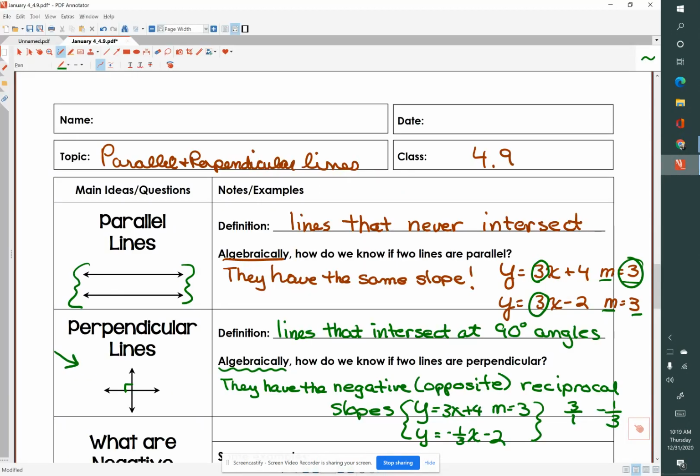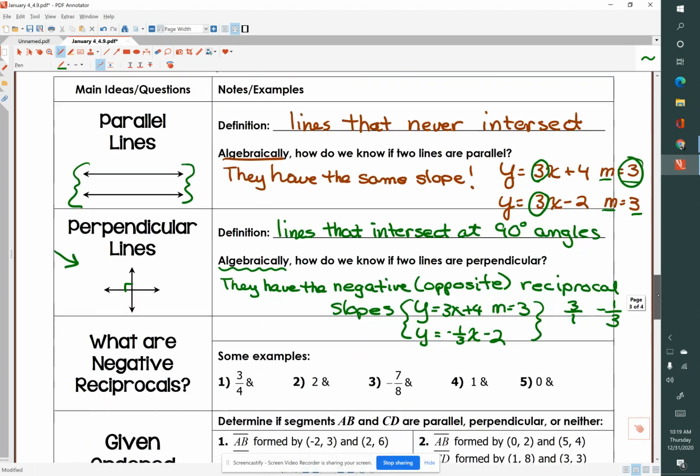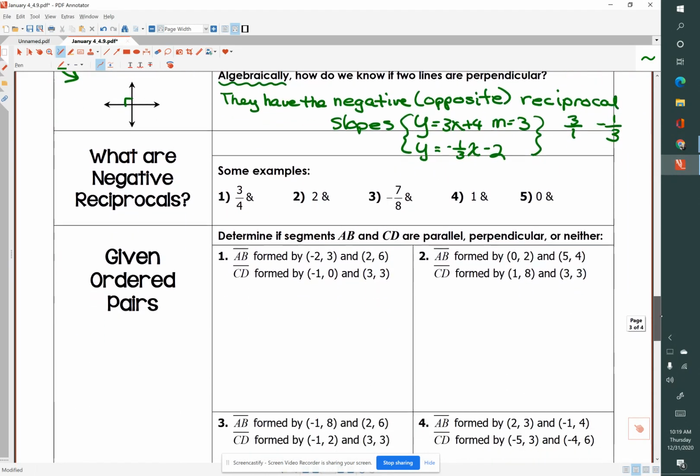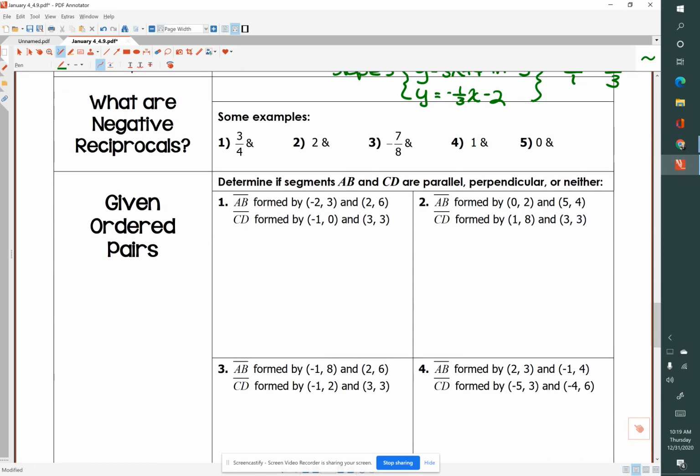So let's put that into practice ourselves. The first thing we're going to do is just look at some examples of negative reciprocals. It's definitely worth looking at. So a negative reciprocal of 3/4 would be -4/3. The negative reciprocal of 2, as we've already shown, is -1/2. Now, if you already have a negative, the negative reciprocal will be positive, okay?